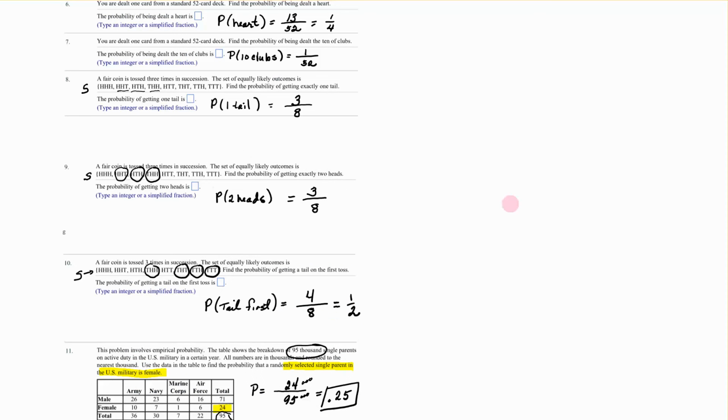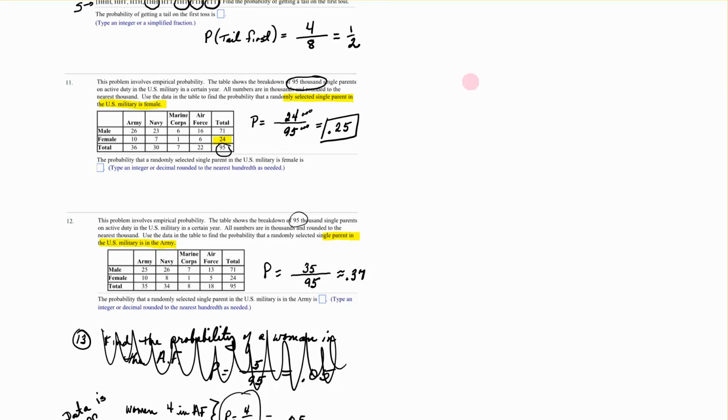Whereas with the theoretical, it's how many ways something could happen, total, over how many ways the outcome that you want could happen. This is all theory. This is observation. It is empirical. Okay? You've got a few problems to do on theoretical and empirical probability.